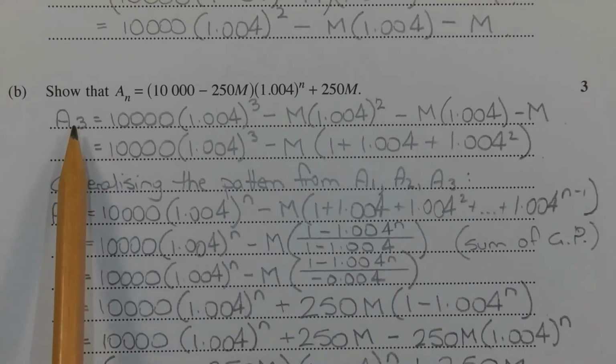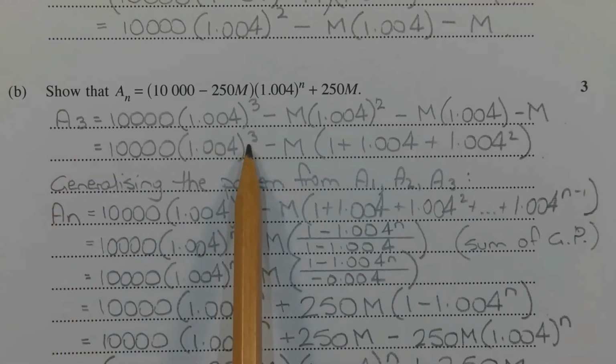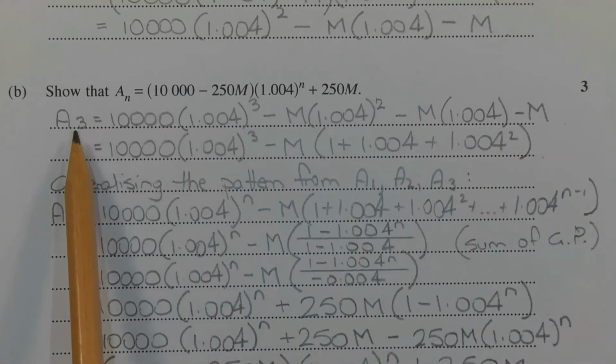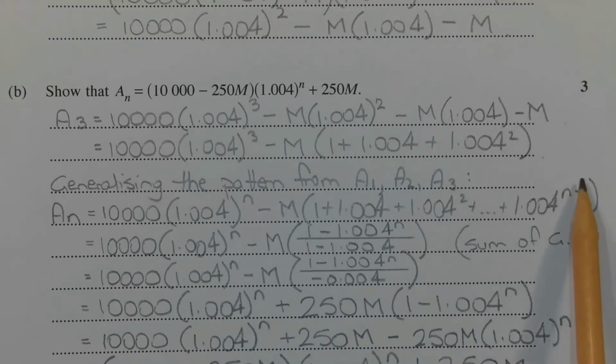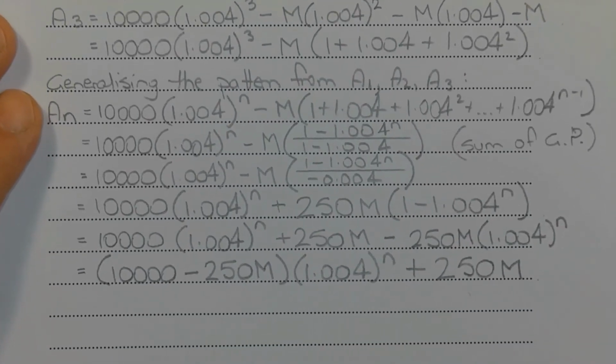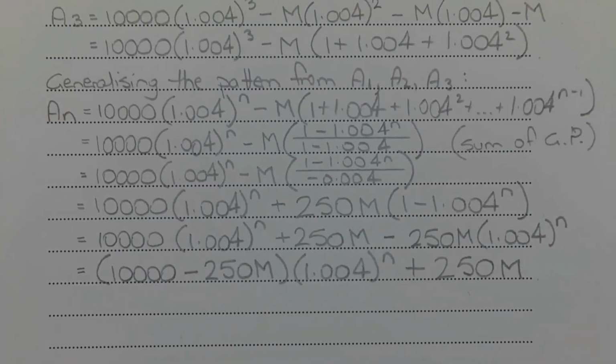If that's 3 here, that corresponds to this 3 here. This index here should be 1 less than this value here, which is why this is n minus 1. So from this point, we just need to clean the expression up.